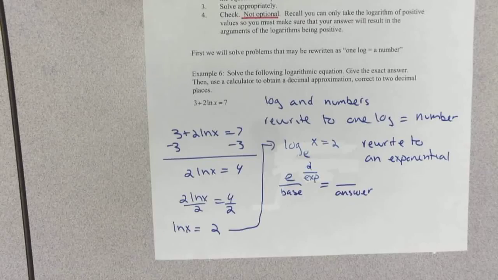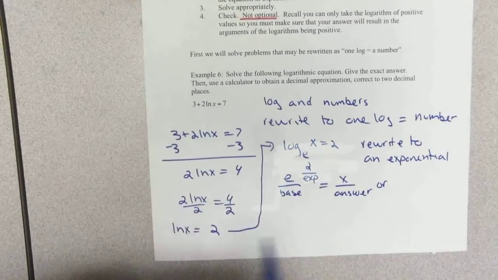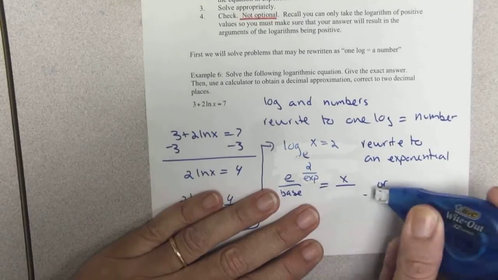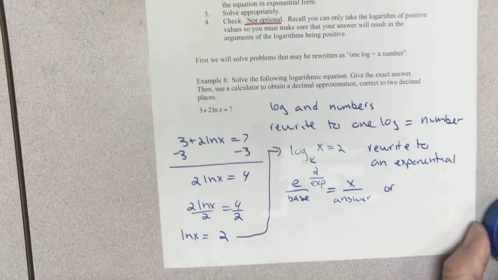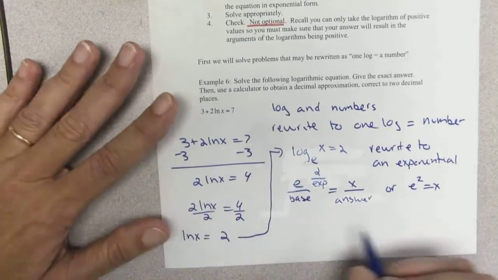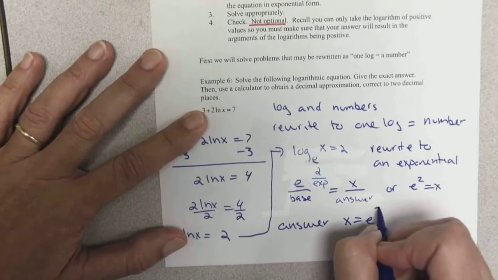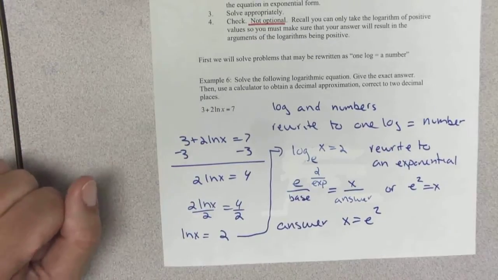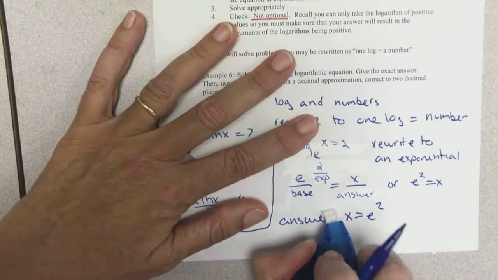Then I've got one thing left over. Getting rid of those extra words there, that fill in the blank thing is just my convention to try to explain how to do it. I've got e squared equals x, or an answer of x equals e squared. Remember, e is a number. And so that is my answer.